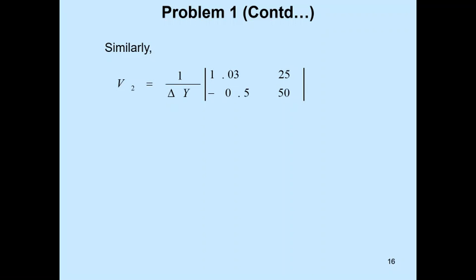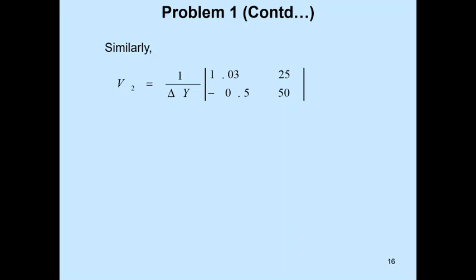Similarly, we can solve for V2 also. In the matrix, we replace the second column by the current matrix, so V2 is delta 2 by delta y.